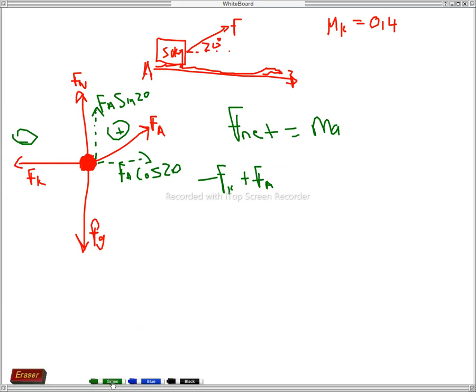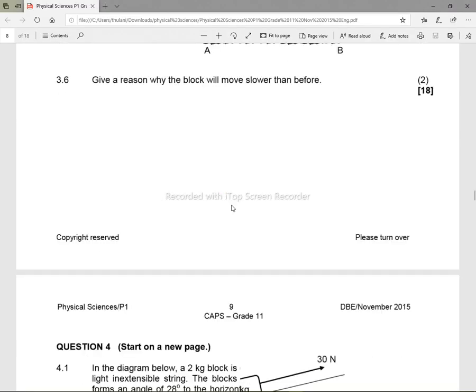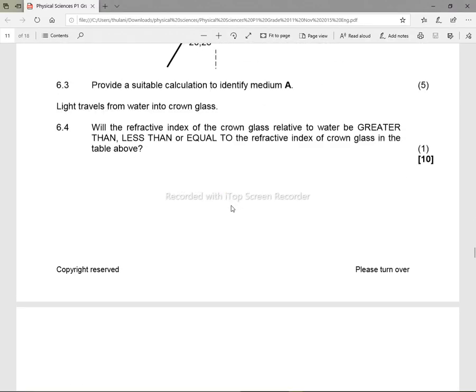You remember we did resolve this force since it was acting at an angle. It is going to be the cos of 20 there, which equals ma, which is the mass and the acceleration. So therefore we are given the coefficient of kinetic friction. Let me just go to the formula sheet so that I can show you the correct one.